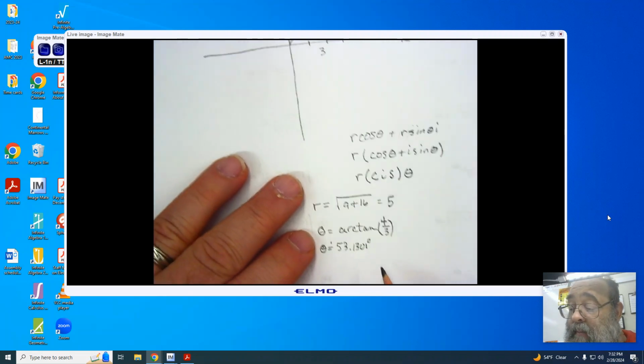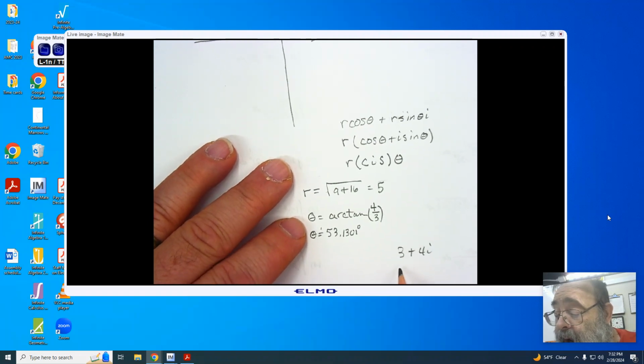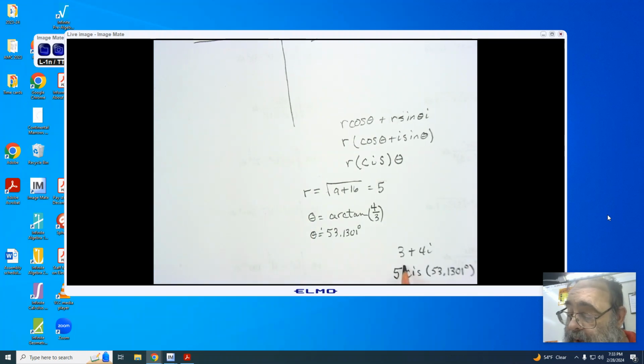As a result, in polar form, our 3 plus 4i in rectangular form becomes 5 cis 53.1301 degrees. I'm just going to go ahead and put parentheses around my values just so that I can see them clearly.